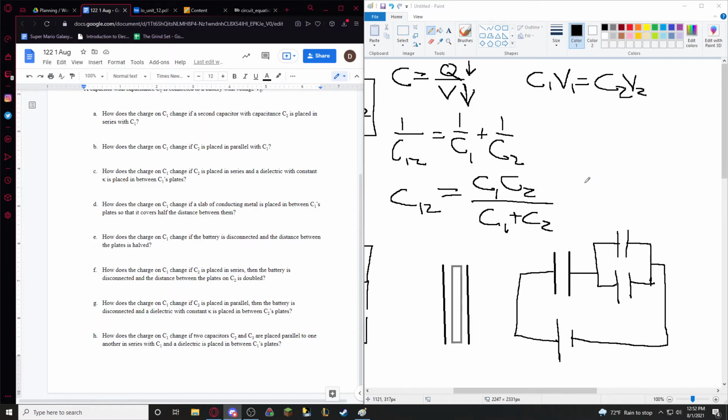Well, the dielectric should make the charge bigger. Yep, exactly. So once again, it first decreases from the initial part, and then it increases from the second part. It's literally just question C all over again, except instead of C2, it's C23. And you would have to calculate the actual values to know whether it actually increases or decreases.